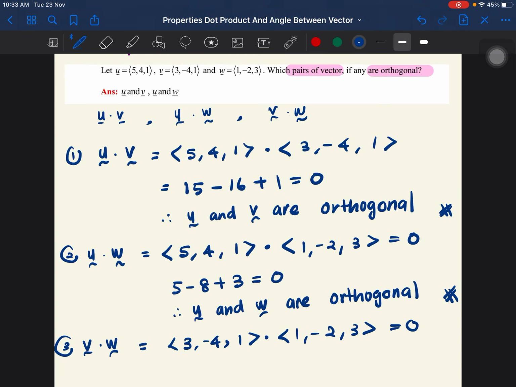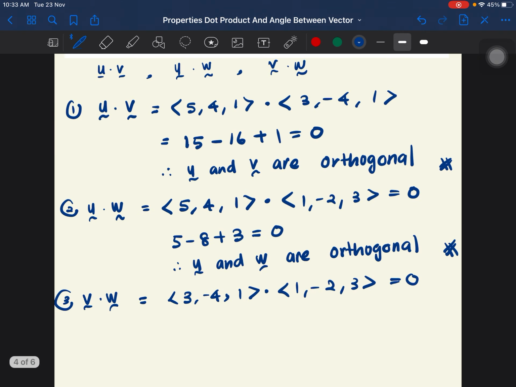By applying the dot product, you will have 3 plus 8 plus 3. Simplifying the left hand side will give you 14. So 14 is not equal to 0.